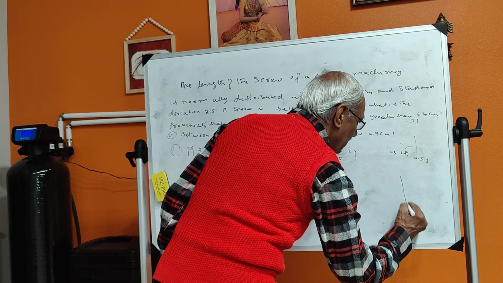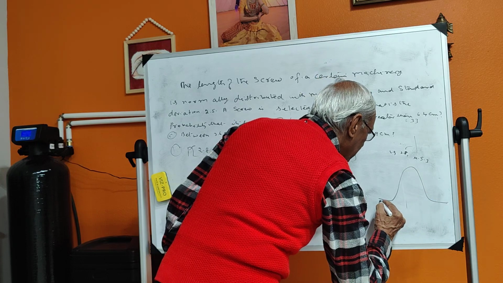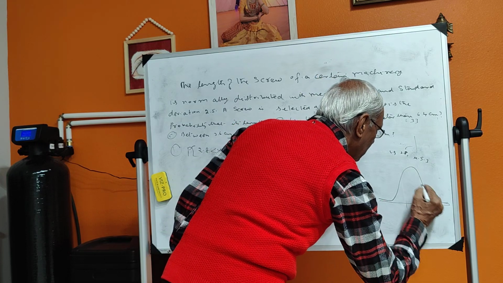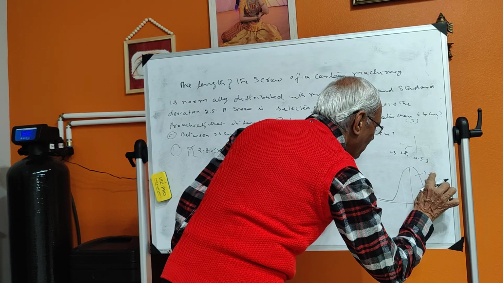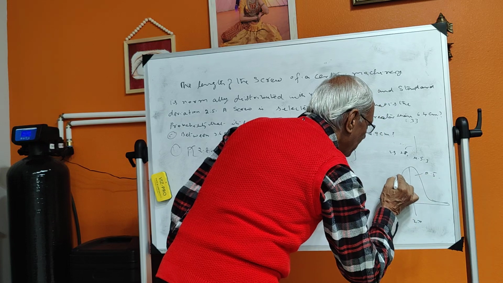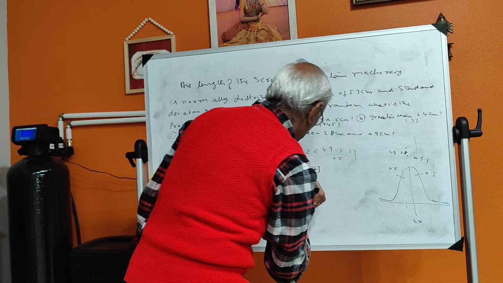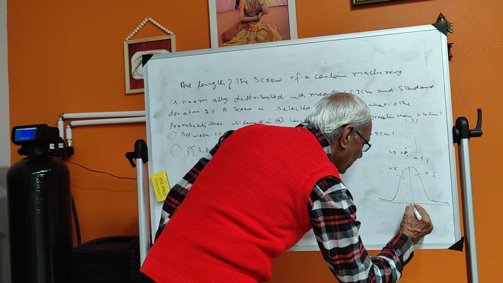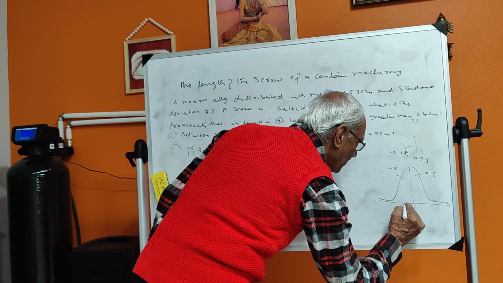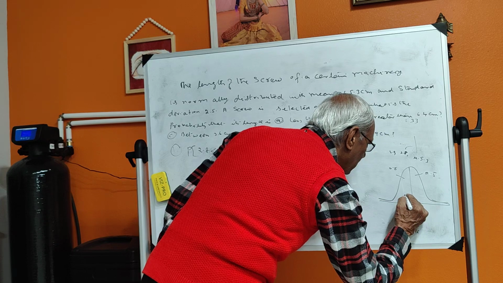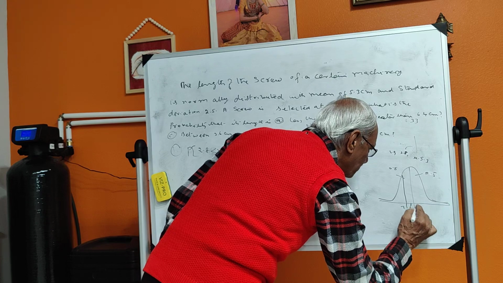So we have to find the area between. Come to the bell-shaped curve. It is like this. Z is equal to 0, and this area is 0.5. Now here, this point is minus 0.16, and this point is minus 1.